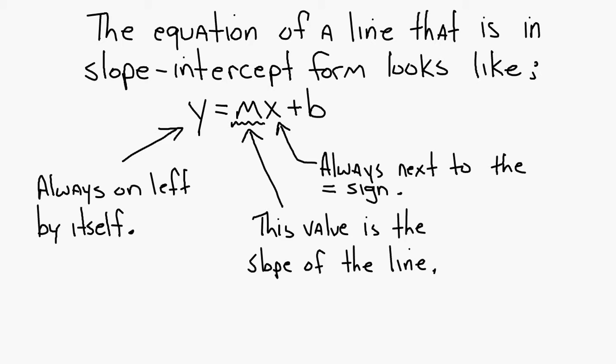The y is always on the left of the equal sign. The x is always on the right of the equal sign. And there's a value in between the equal sign and the x, and that's the slope.